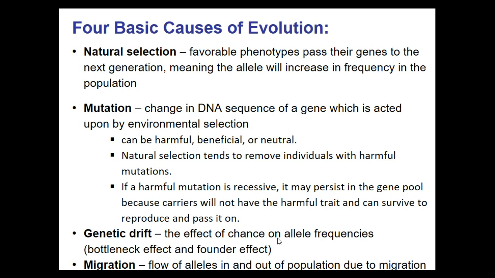Genetic drift is just the effect of chance on allele frequencies. It just means that, just by chance, certain alleles might disappear from a population. This is not because those alleles are bad or unfavorable, so it's different from natural selection.